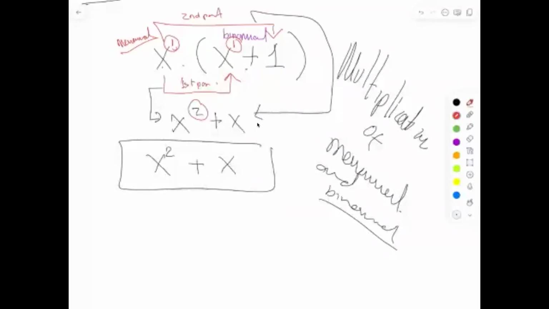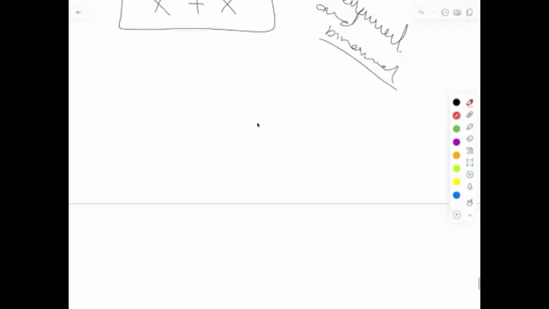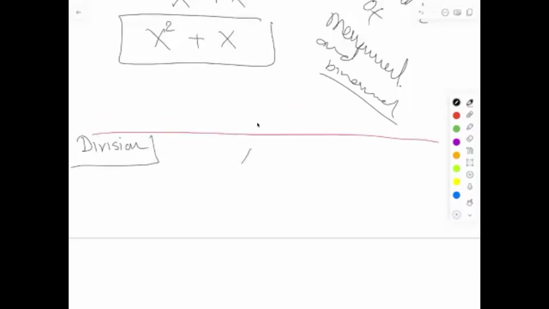Now, this is the simple stuff. Okay. Now let's introduce division. And let's look at the x squared plus x. Look at the first monomial.